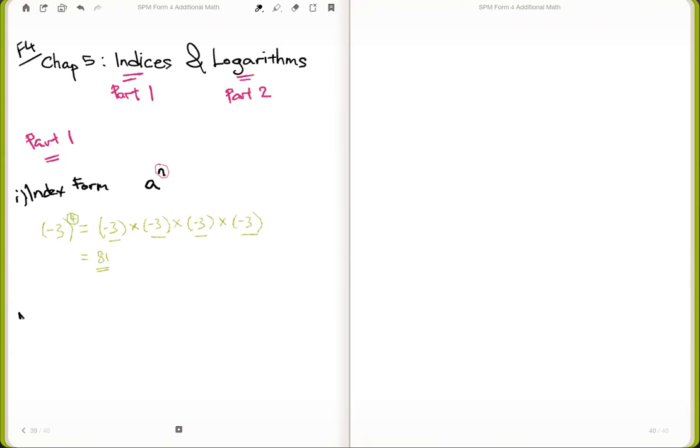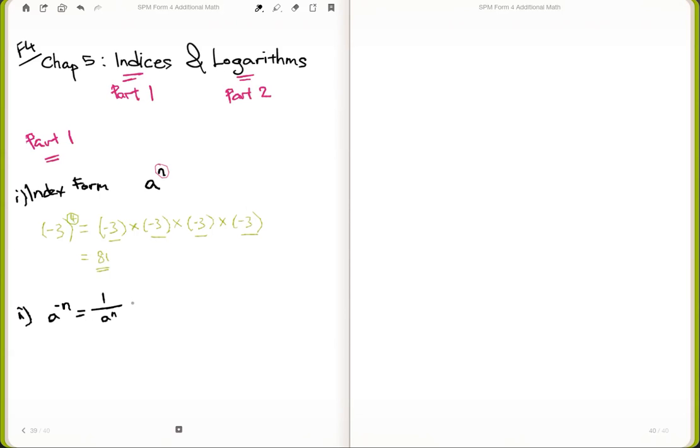Part 2, we have negative indices. This is when you have a negative n. It's a negative number. Now, what does it mean? Oh, sorry, it's not a fraction. a to the power of -n will be equal to 1 over a to the power n.